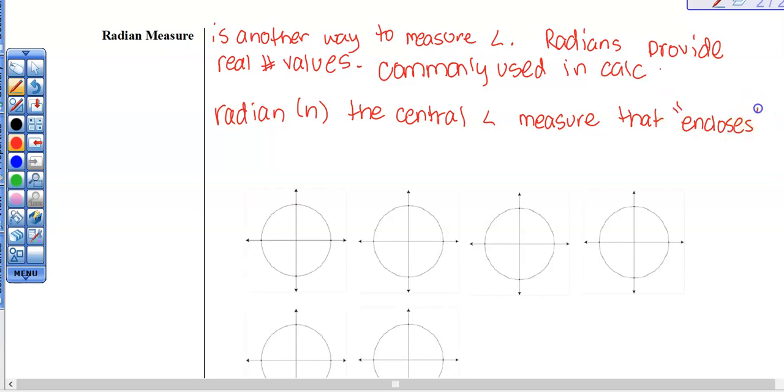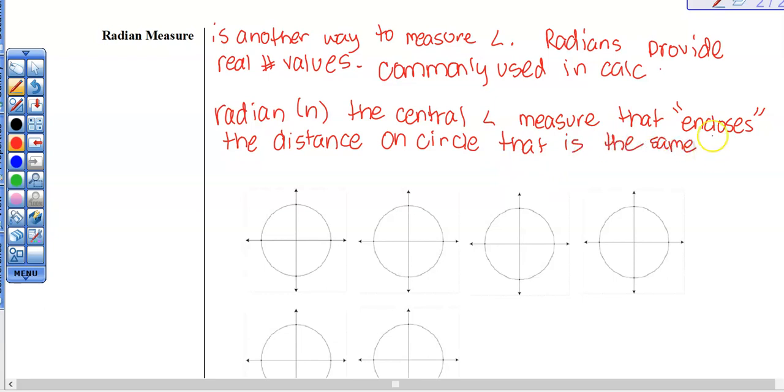I think I could also say subtends, but I'm just going to go with encloses the distance on a circle. Okay, so you know that's, I'm talking about part of a circumference here because the distance on a circle is a part of a circumference. That is the same length as, guess what? What does radian sound like? Same length as the radius.